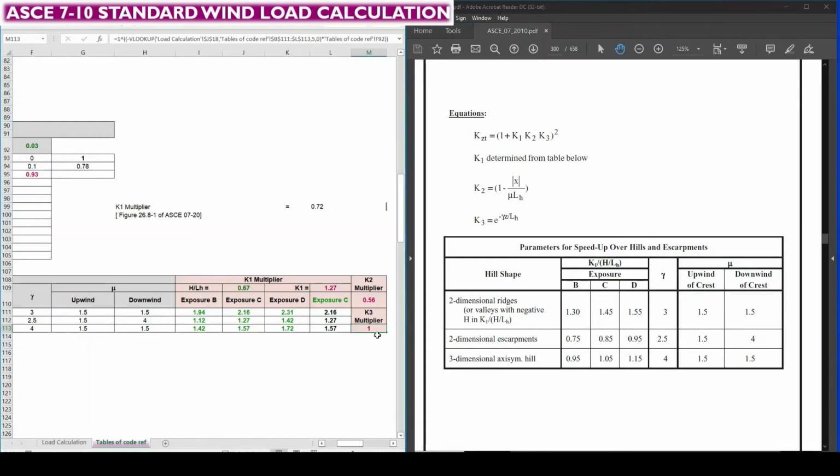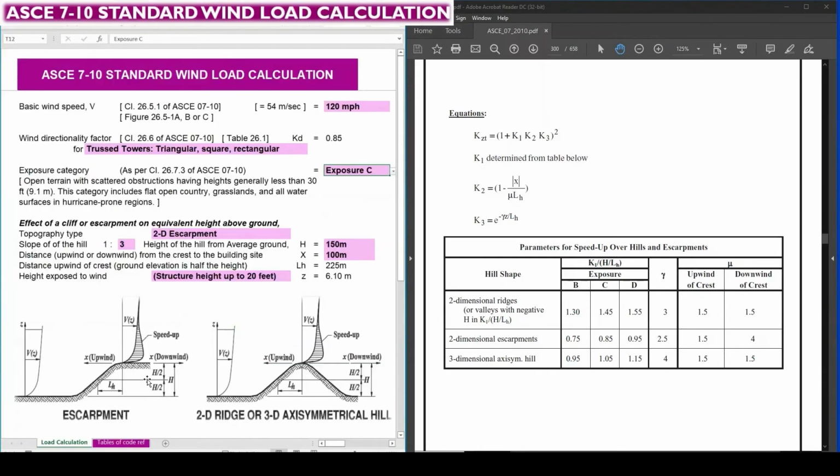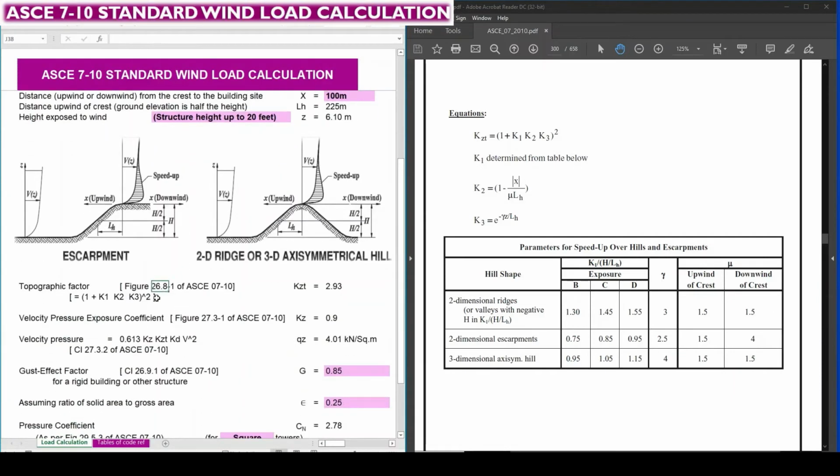Applying the formula, we are getting 1 as our K3 multiplier. In this load calculation page, we calculated the Kzt factor by multiplying K1, K2, K3, adding that to 1 and squaring the whole. We have the Kzt factor as 2.93.